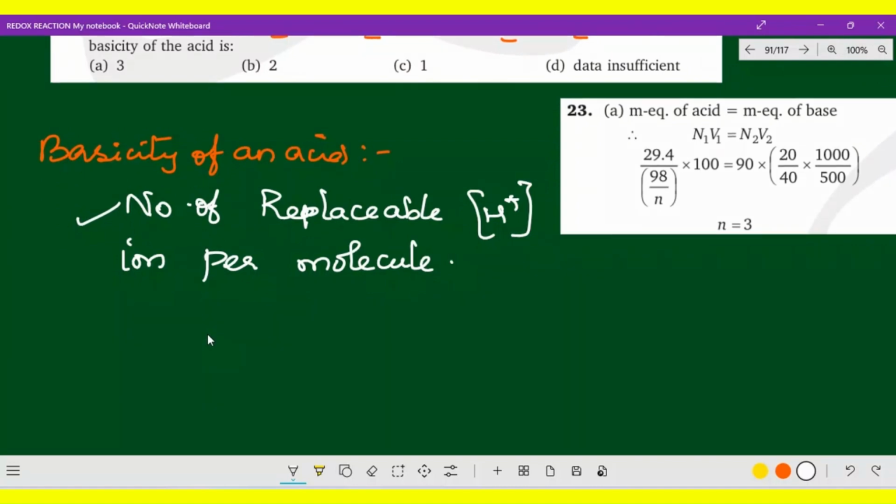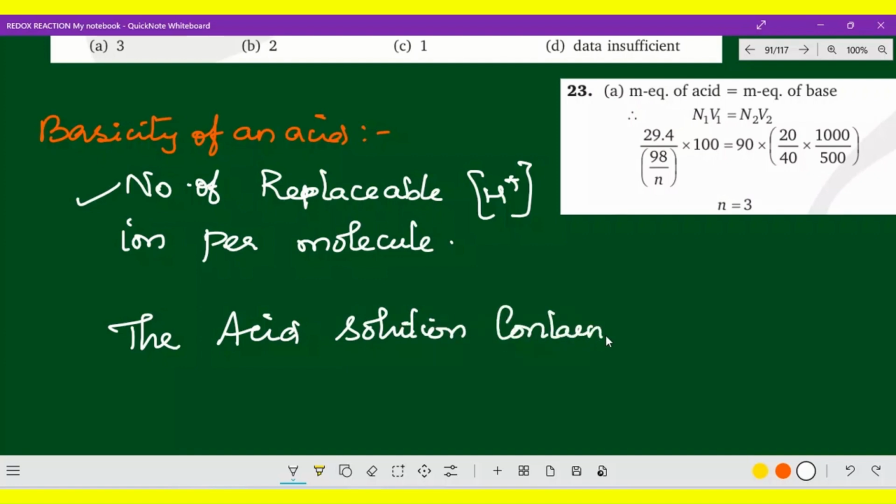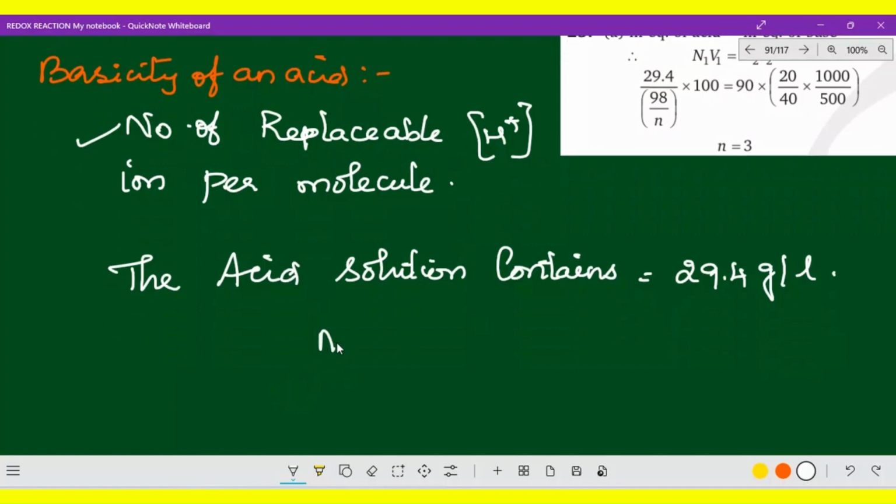Okay, now let us identify the data they have provided. The acid solution contains how much gram per liter? 29.4 gram per liter they mentioned. Now here, molar mass, how much have they provided?